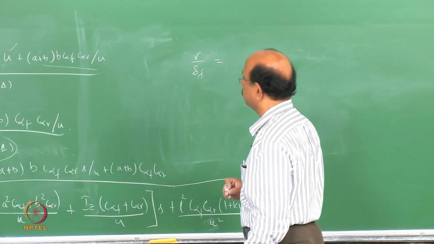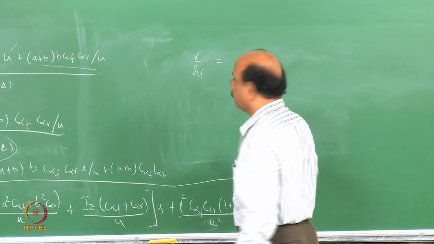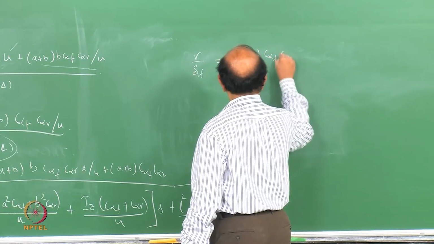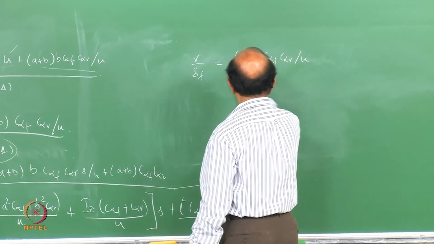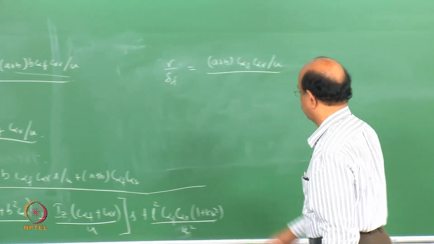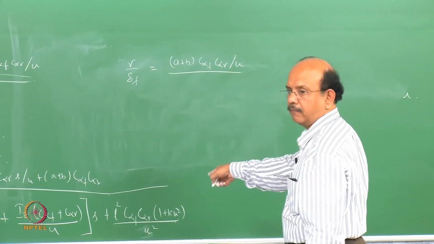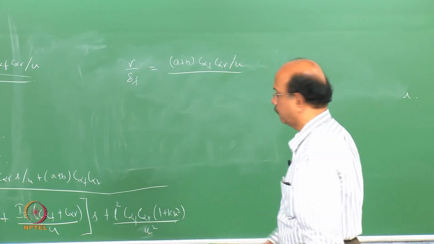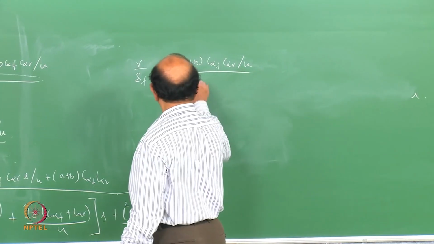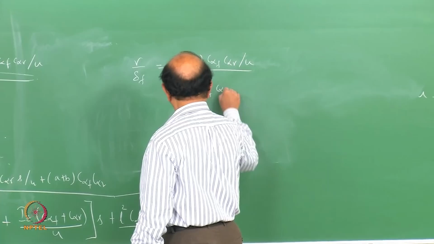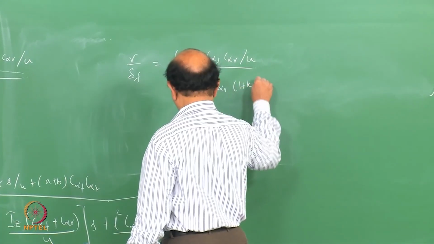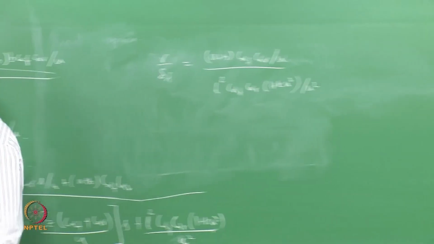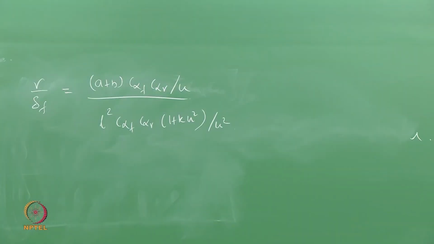Can you tell me what is the steady state gain? A plus B C alpha F C alpha R divided by U divided by, right, the last term here, L squared C alpha F C alpha R 1 plus K U squared by U squared. You can simplify that later. That's at S is equal to 0.